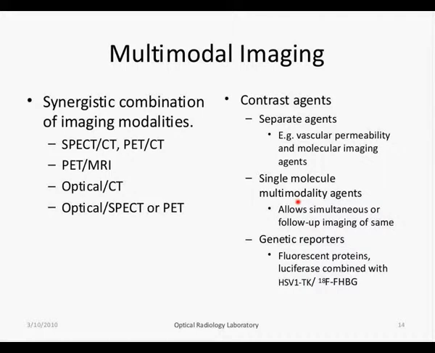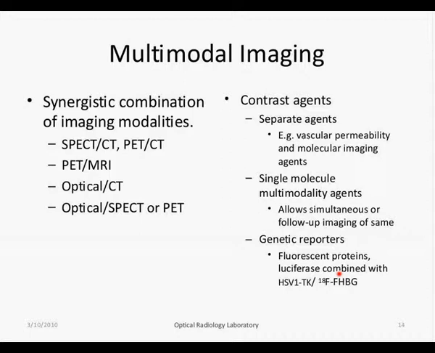What we have developed are single molecule multimodal imaging agents, which allow simultaneous or follow-up imaging of the same probe. Radionuclear imaging with SPECT or PET could be performed, and then, because of the long-lasting signal, fluorescence imaging could be performed after that for longitudinal studies, so that multiple injections of the radionuclear contrast agents are not necessary.